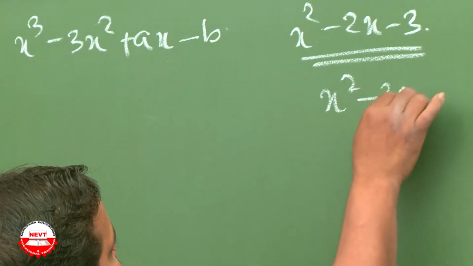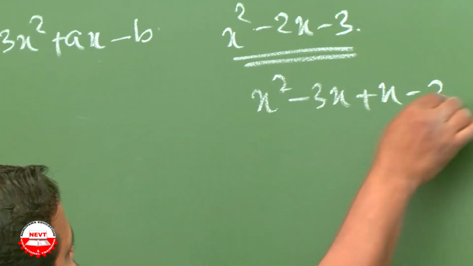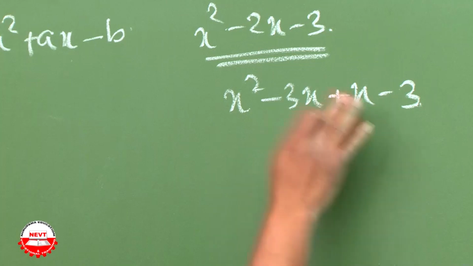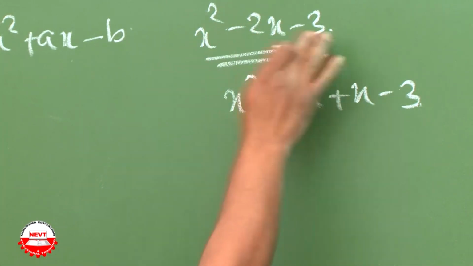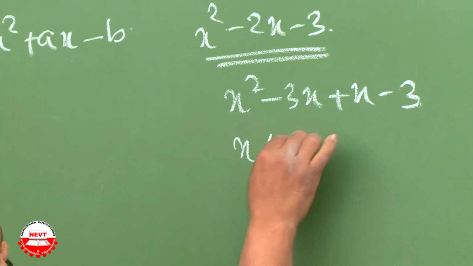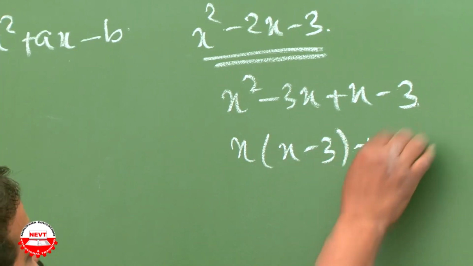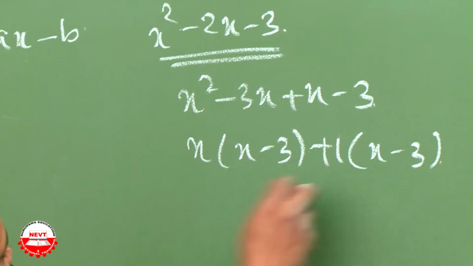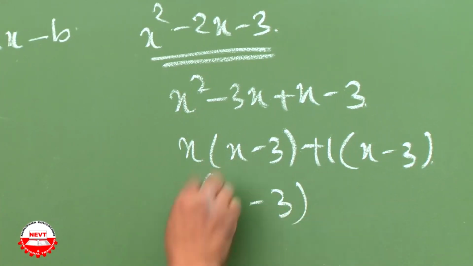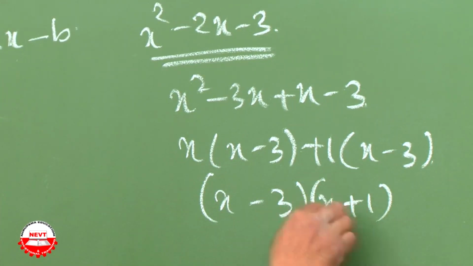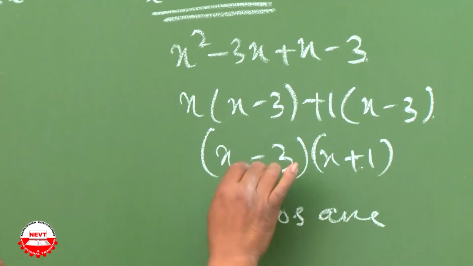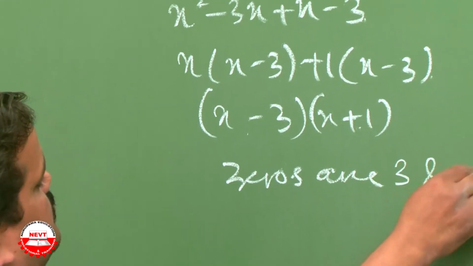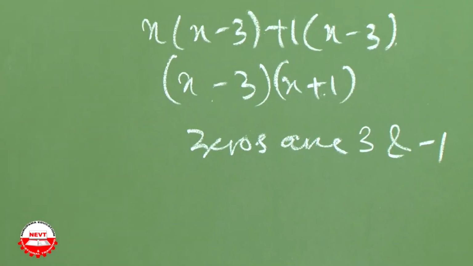That means minus 3x plus x, that is minus 2x, and minus 3x into x is minus 3x square. If you take x as common, it is x minus 3, plus 1 as common, it is x minus 3. That means x minus 3 into x plus 1. Hence, zeros are 3 and minus 1. Okay?